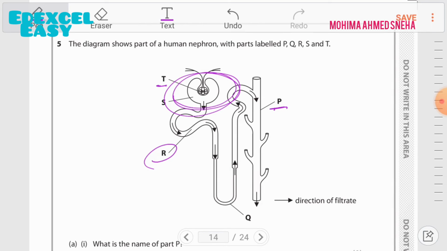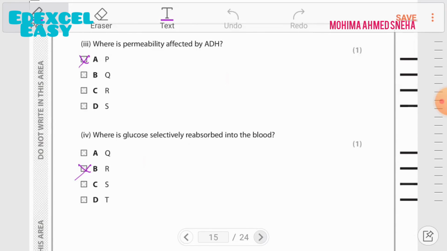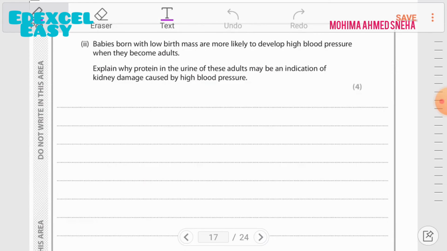So let's write the answer. The answer would be proteins are large molecules.